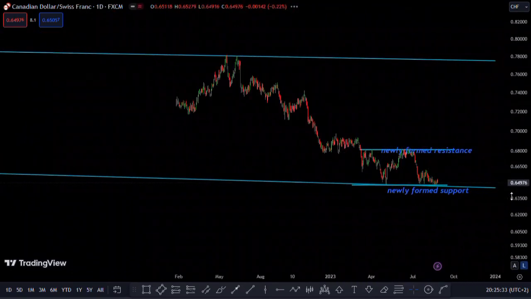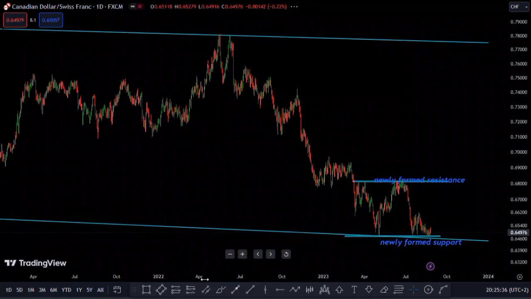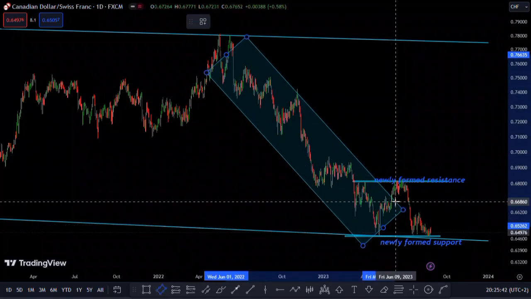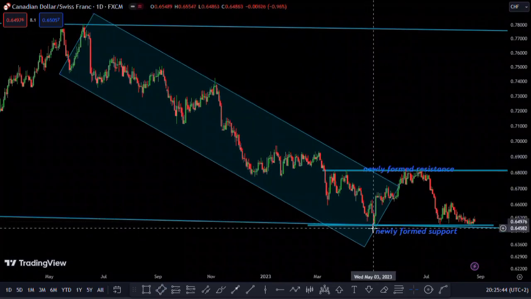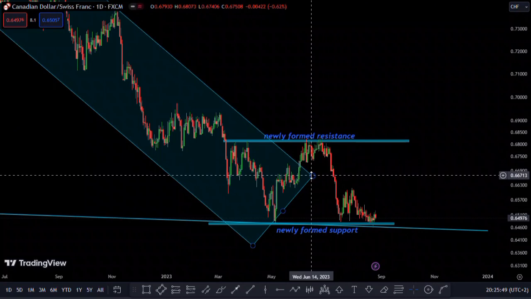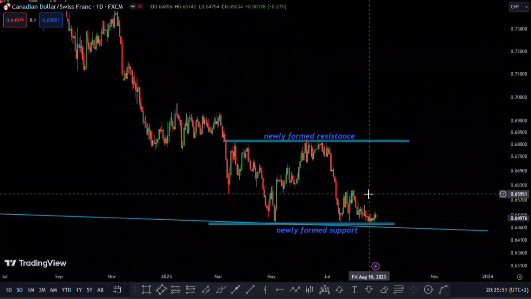Since we can see that the market has been moving in an impulse move and correction here, and then it decided to start consolidating, we'll be looking for buying opportunities, but not yet.